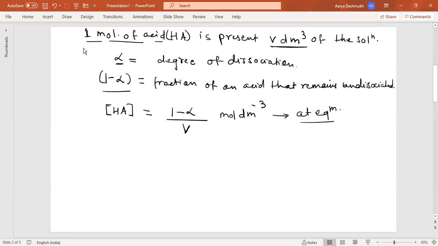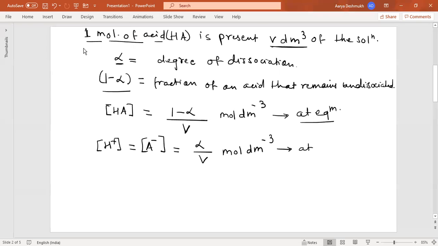Because at equilibrium, some of the acid will remain undissociated and some will be dissociated into its respective ions. So the concentration of H plus ions, equal to the concentration of A minus ions, will be alpha divided by V. This is the situation when it attains equilibrium.